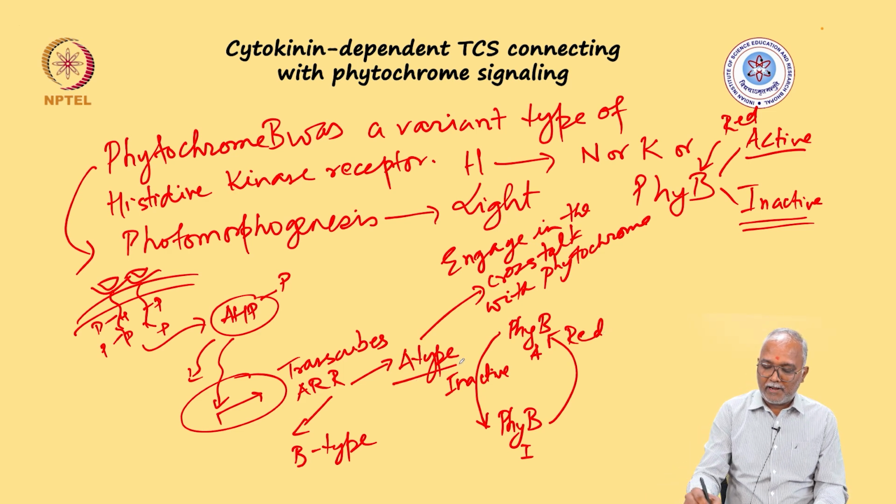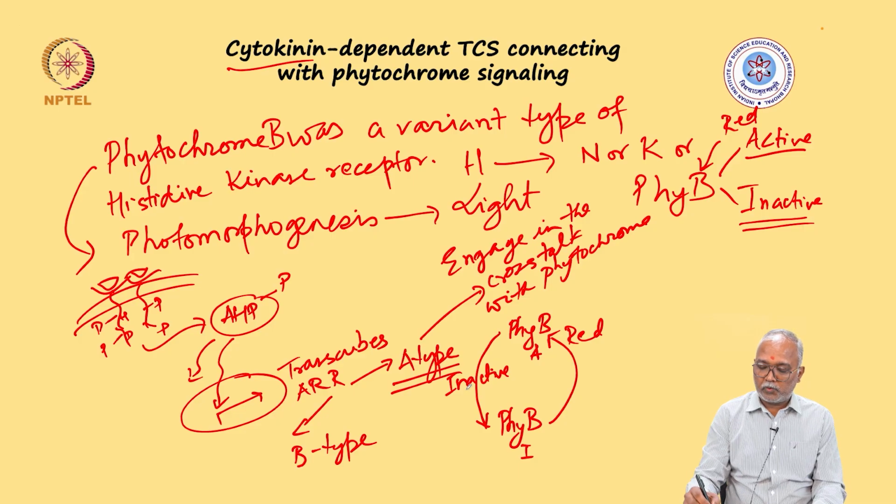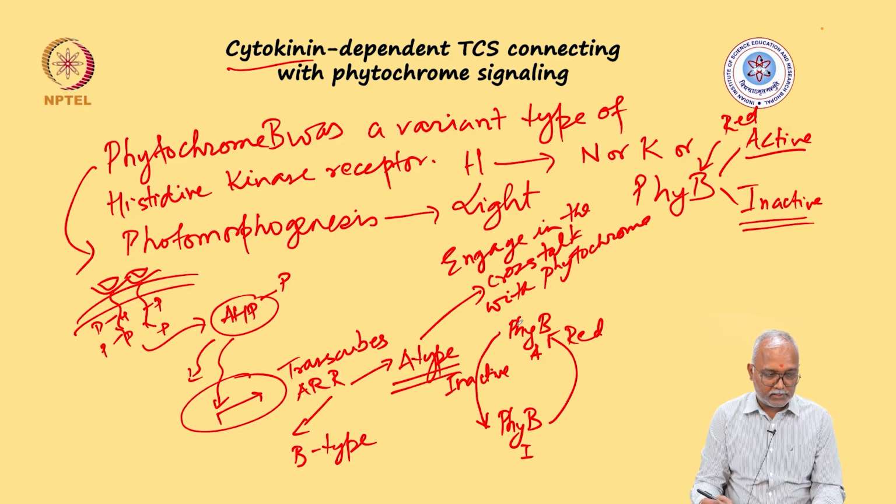it is converted into the active form. So these A type response regulators, which are generated as a consequence of cytokinin signaling, work through this phytochrome B form which is active, and then induce it to its inactive state.